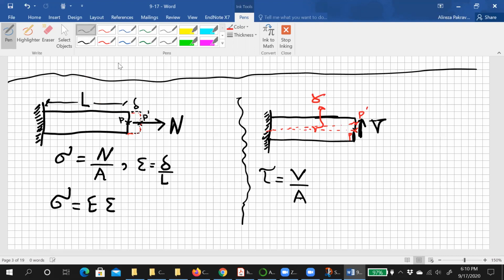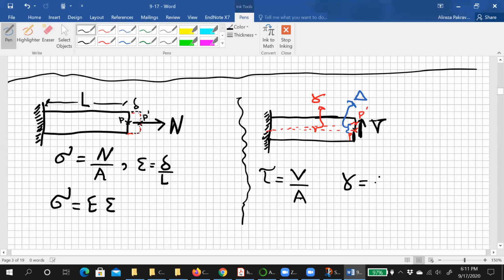And then the distance between P and P prime, which we defined as delta, now let's define as the vertical displacement. Therefore, the shearing strain would be gamma, and gamma is delta over L.